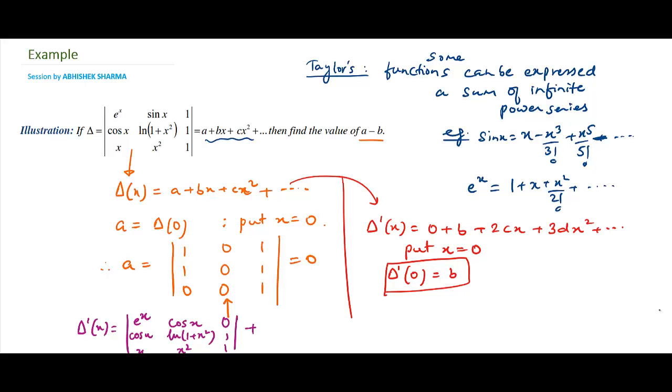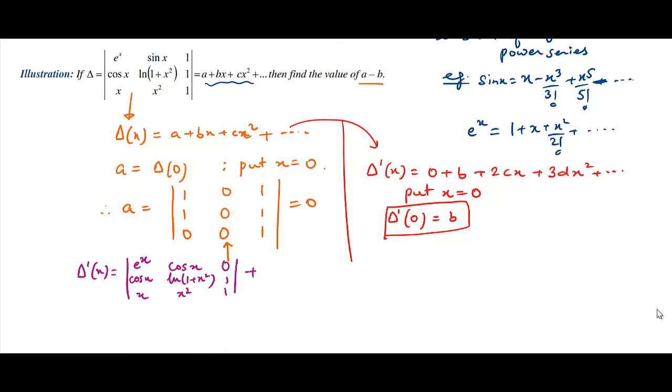Then we differentiate the second row of the determinant, keeping the first and the third row the same: e to the power x, sin x, 1, then you have minus sin x, then 2x upon 1 plus x square, the differentiation of ln(1 plus x square), then you have 0, and then again you have x square, 1.